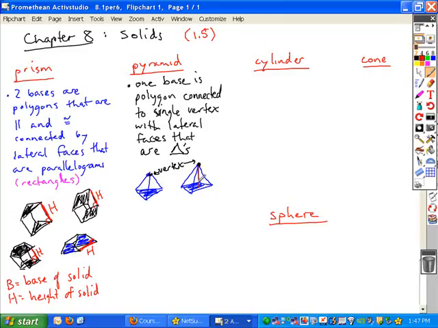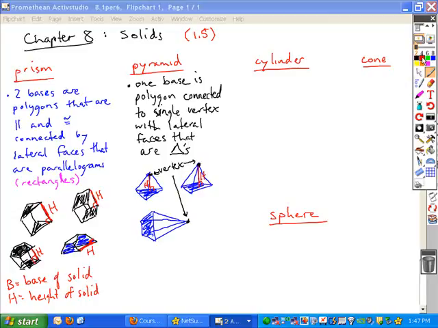And the height of a pyramid is the perpendicular distance from the vertex to the base. Even if we turn it on its side, we still have one base connected to a single vertex, so it's a pyramid. The perpendicular distance from the vertex to the base is still considered our height for that solid.